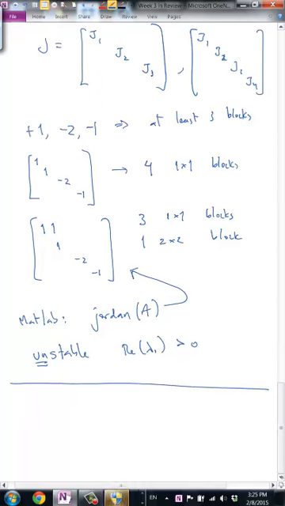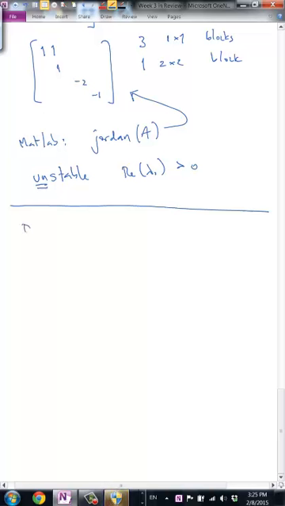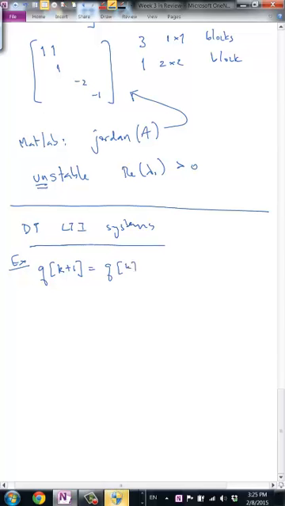Now let's talk about discrete time, linear time-invariant systems. So here, instead of differential equations, we're thinking about difference equations. Something like q of k plus 1 is equal to, this is an example, q of k minus 5 q of k minus 1 plus 3 q of k minus 2.